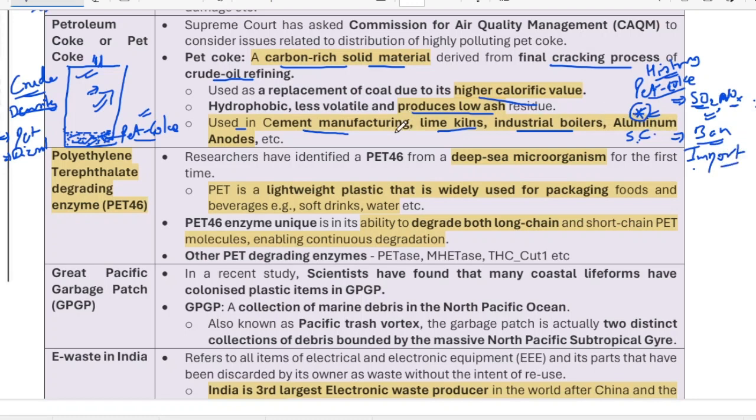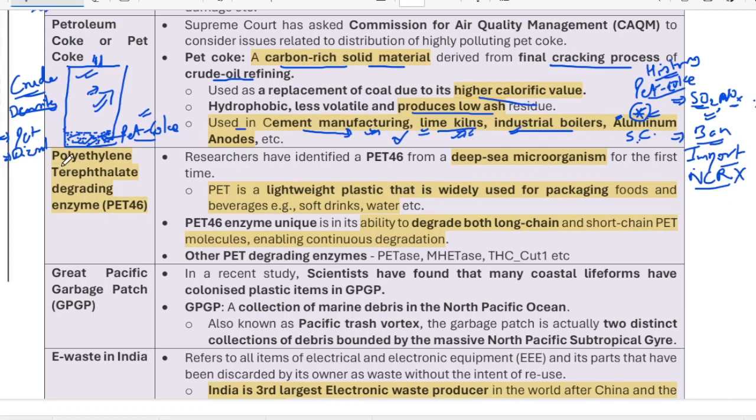So these companies, like aluminium, industrial boilers and lime kilns, all approached the Supreme Court to allow the import of this pet coke for their industrial applications. As of now, import of pet coke has been allowed for these industrial units, and specifically the Supreme Court has banned pet coke in the Delhi NCR region.